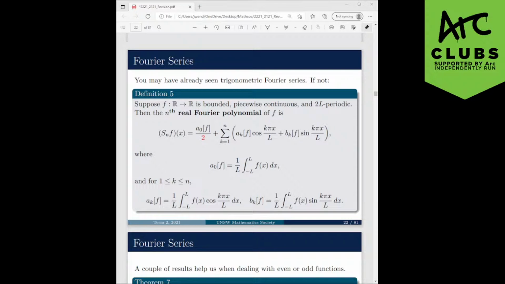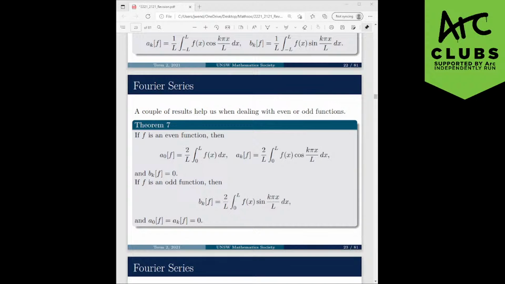What you can do to simplify this, which usually happens quite a lot in these types of questions, is that f is usually an even or an odd function. And then that lets you do a little simplification just by some nice integral properties.